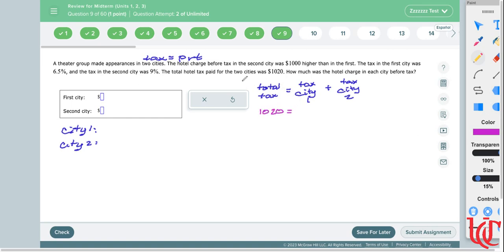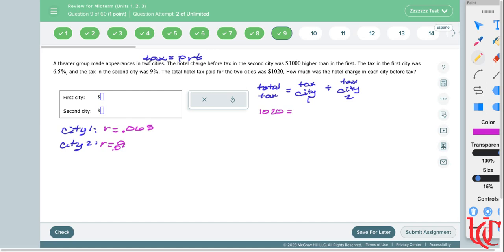And we have to use the formula for our tax to get the tax for each one of these. So city 1, we know that the rate is 6.5%. So this is 0.065. The rate for city 2 is 9%. So 0.09.